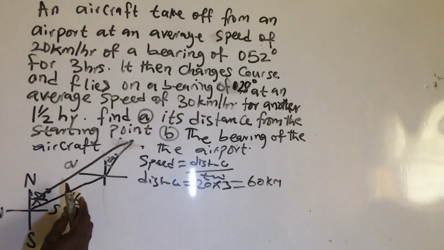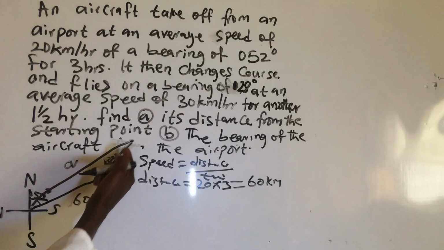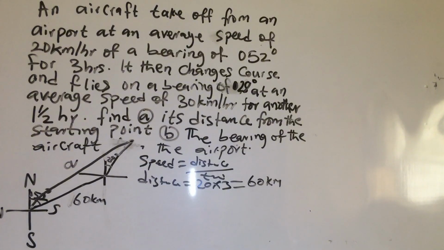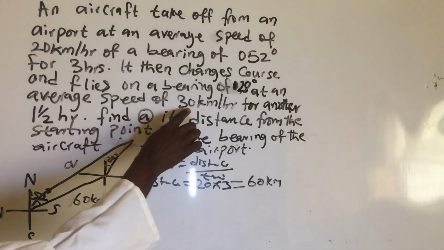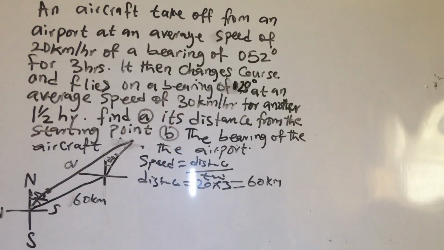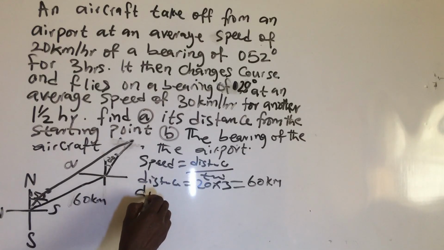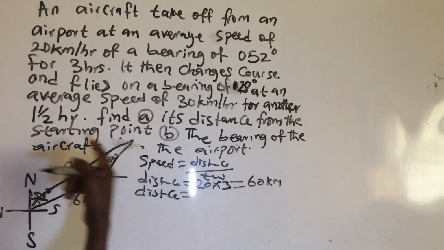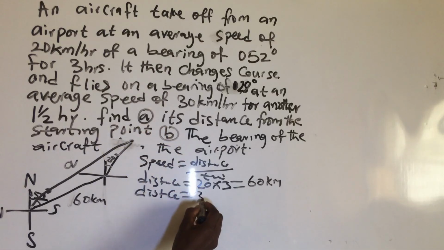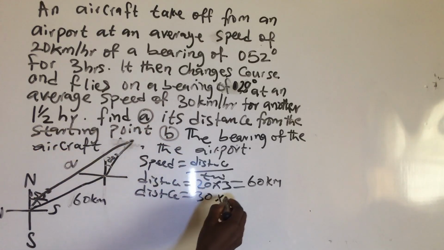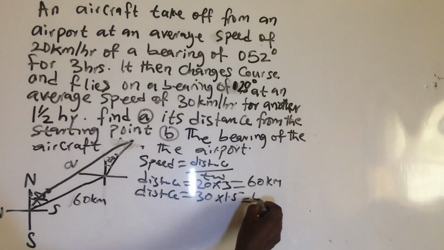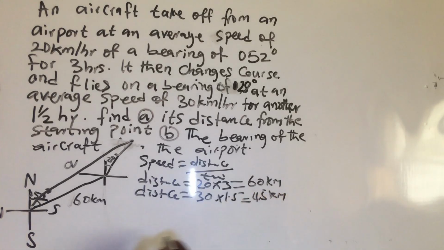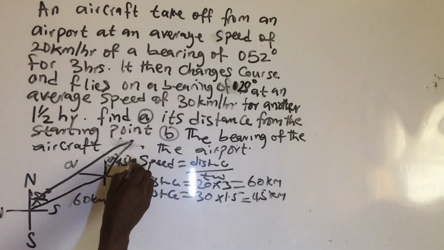So here is 60 kilometers. Then the distance also we will get from the information given when it changes course. They have given us the speed and the time. The distance equals the speed, which is 30, times 1.5 hours. When you multiply it, it will give about 45 kilometers. So here will be 45 kilometers.